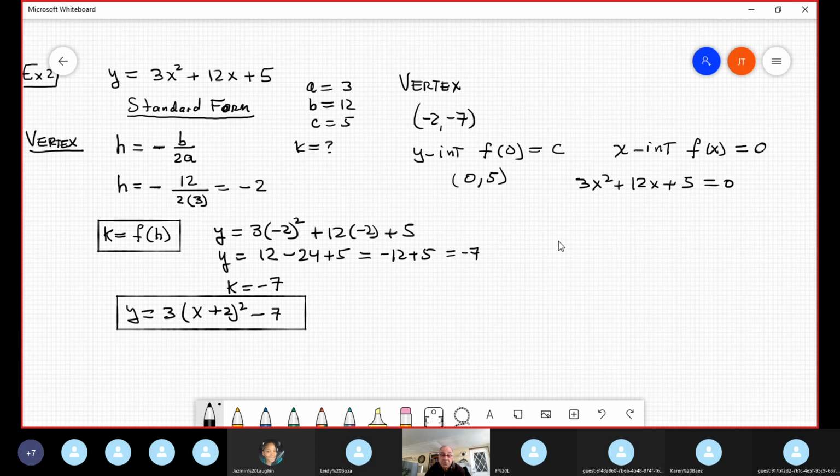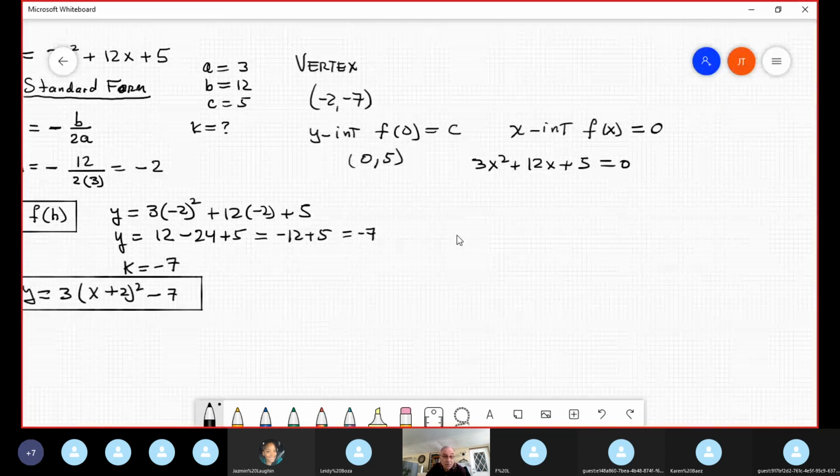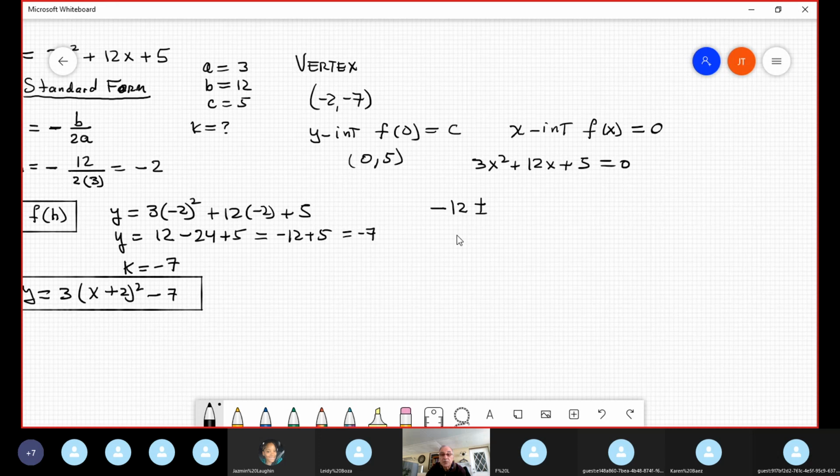So it's obvious, right? But you solving this quadratic equation. Okay. You can use, of course, the quadratic formula, no? It's -12 plus or minus square root 12 squared minus 4 multiplication by 3, okay, C multiplication by 5, divided by 2 times 3.